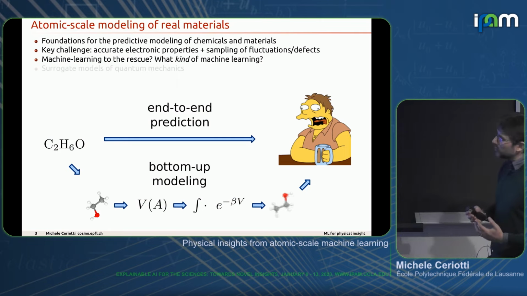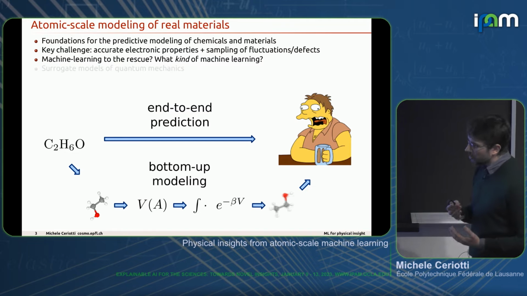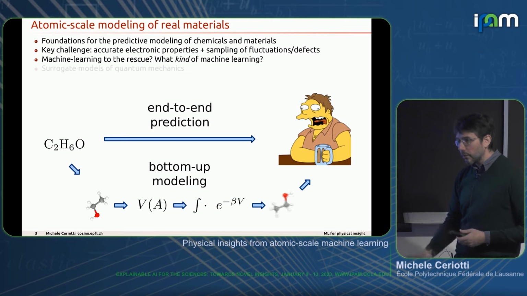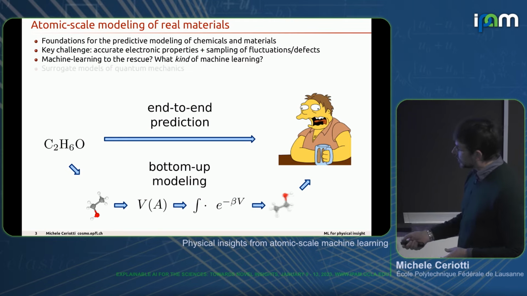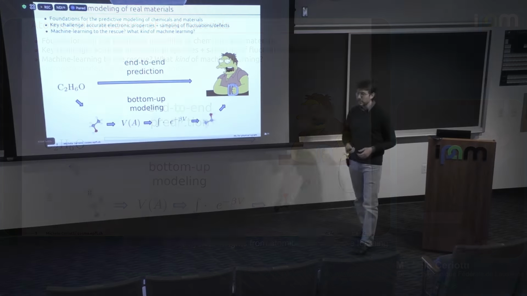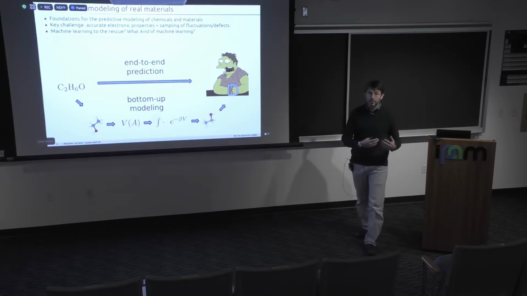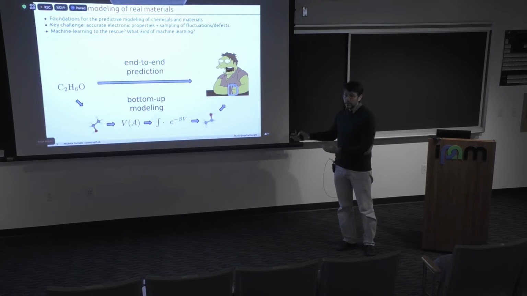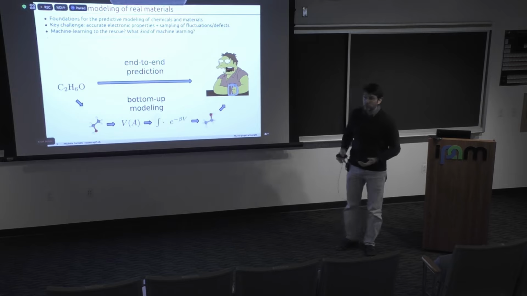So what we try to do is something different and something which still relies on the same notion of doing a bottom-up model in which you start from fundamental physical laws, you see where the atoms are, how they interact, sum over statistical fluctuations, and eventually you get a mechanistic insight into how the problem can be solved and into how the molecule works.